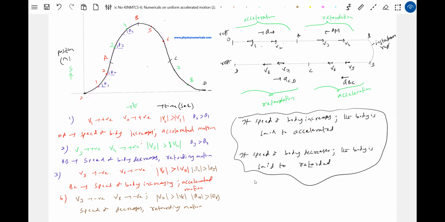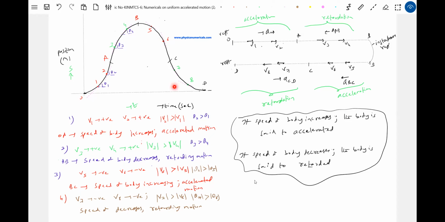Acceleration can be directed along the positive x-axis or along the negative x-axis. Retardation can be directed along the negative x-axis or the positive x-axis. That's what I'm explaining using this particular graph. In the ST graph, if you draw a tangent, it will give the slope of the tangent at various points. What will it give us?